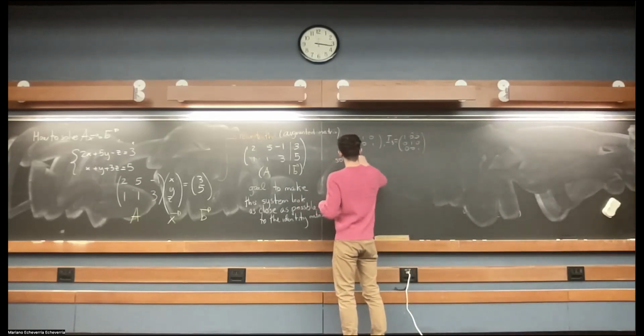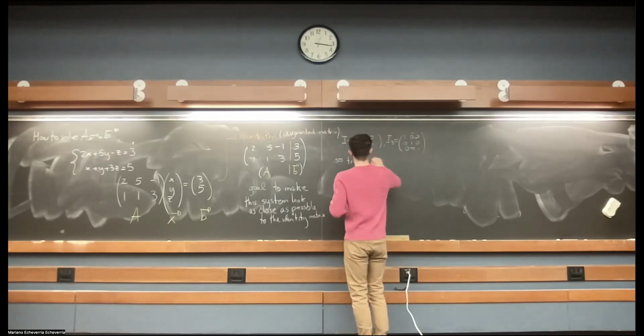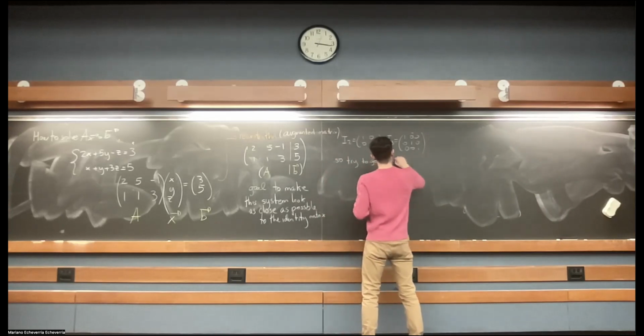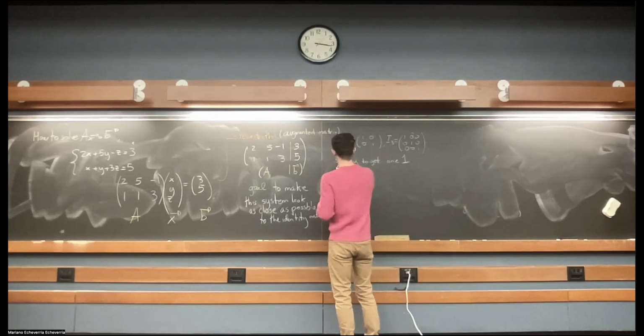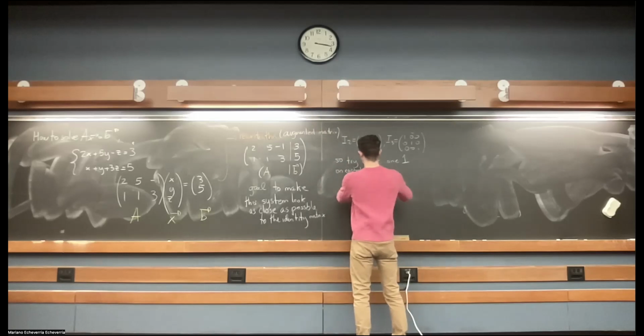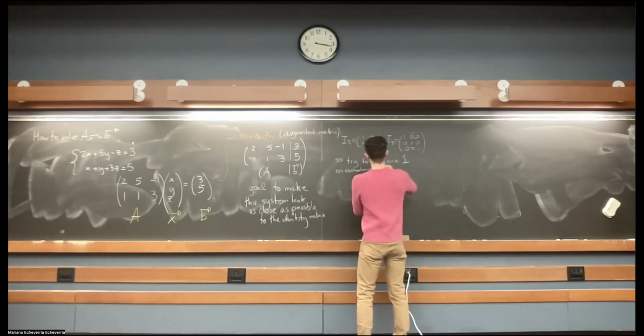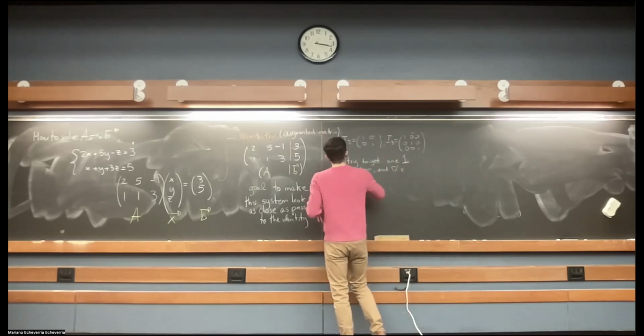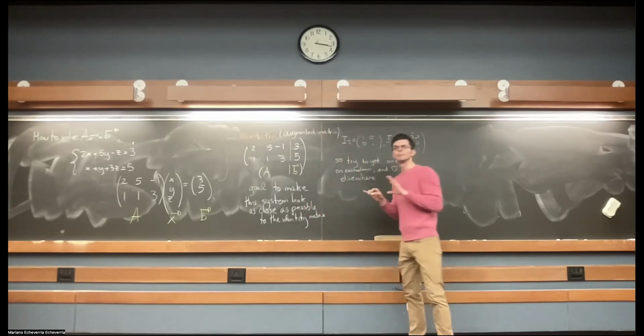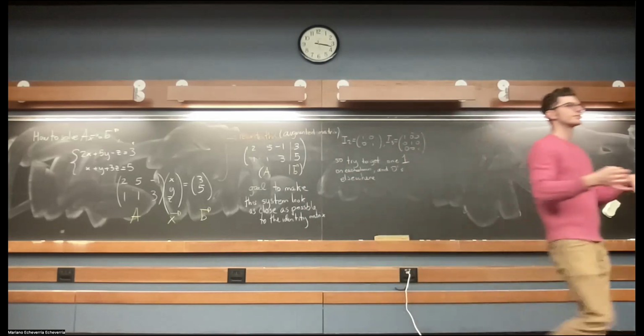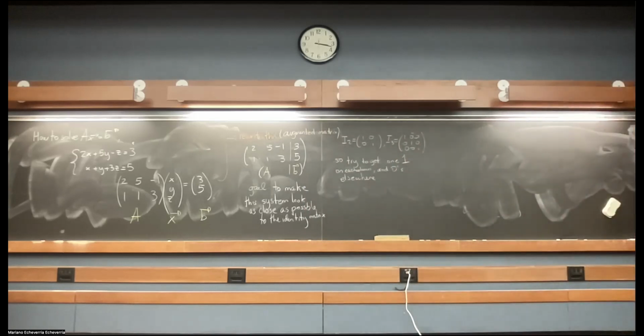Okay, so try to get one on each column and zeros elsewhere. Not every single time will this be done perfectly, but we're just trying to approximate this as much as we can.